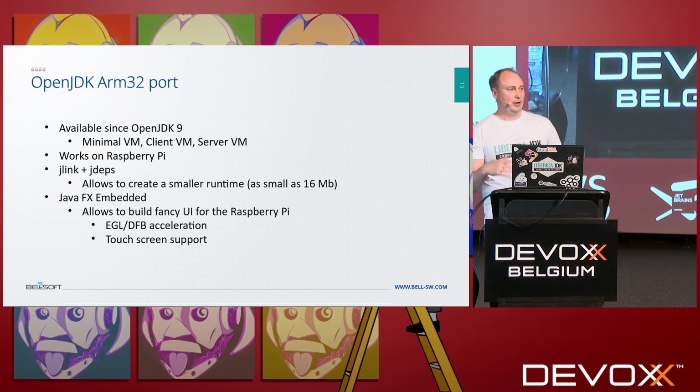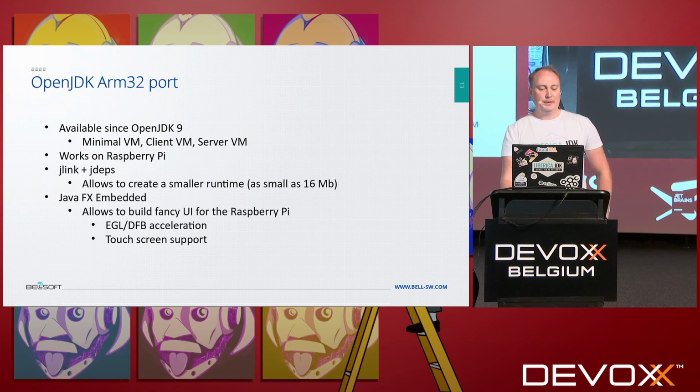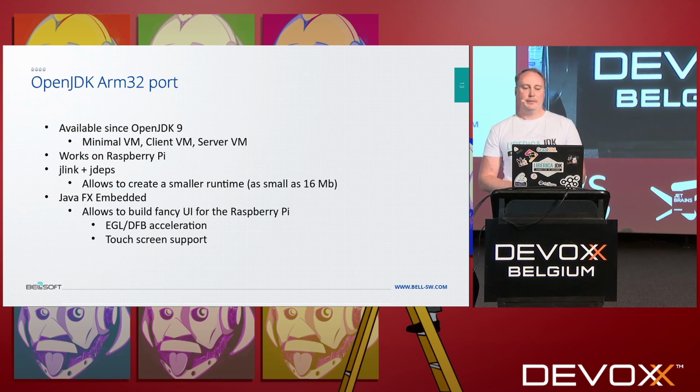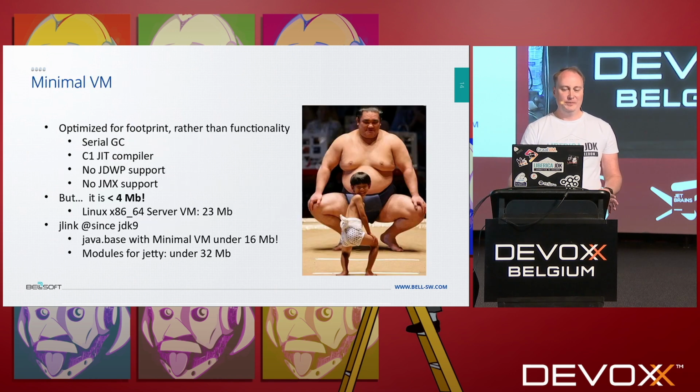And since Java 9, you have all the nice features of modules. Also, you can run JavaFX there on even really low-end devices like Raspberry Pi 2. You can work with the frame buffer and get a very nice UI. So Java is big or small. Sometimes it's considered too large.